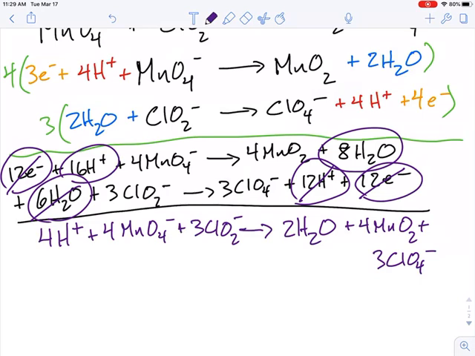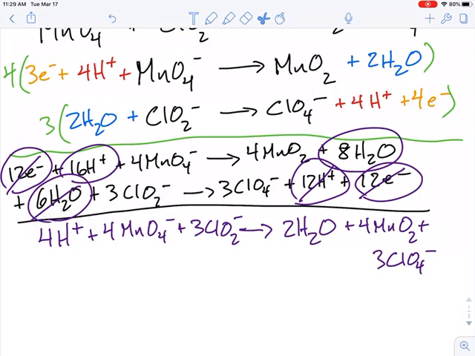Okay. Now, if I was to solve this and we were told that it was in a basic environment, I would actually follow the same procedure as I just did. And then to make it a basic environment, I would neutralize all of the hydrogen ions that I have left over with hydroxide, and I would add hydroxides to each side.